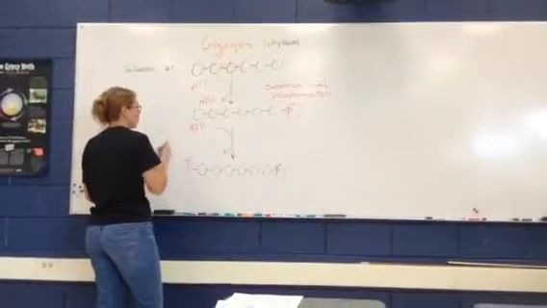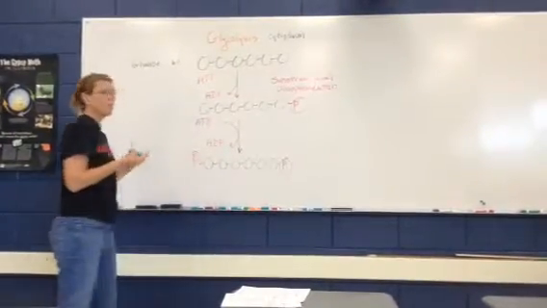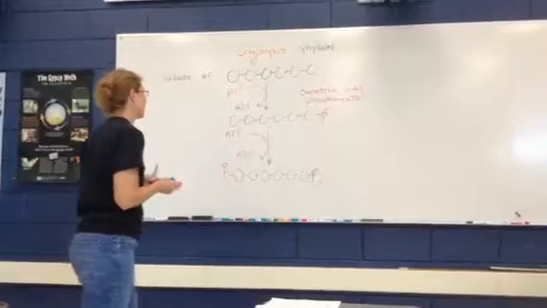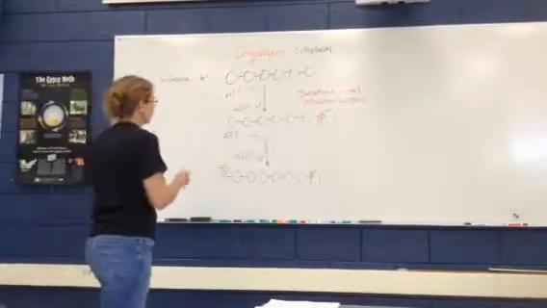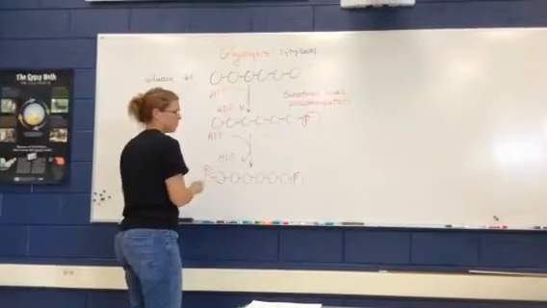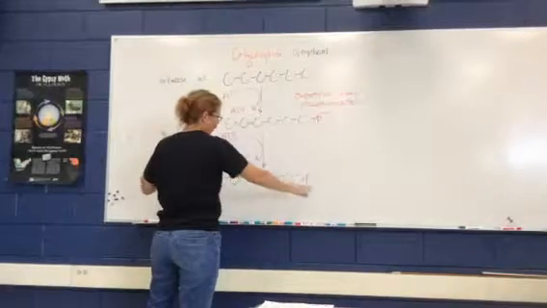So we need another molecule of ATP. So far we have invested 2 molecules of ATP to get this chemical reaction to take place. We had our little phosphate and now our big one here.